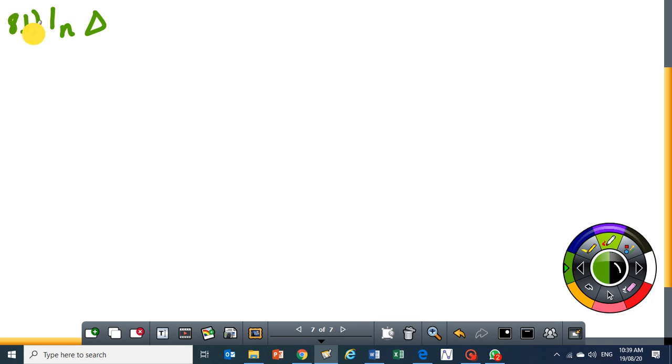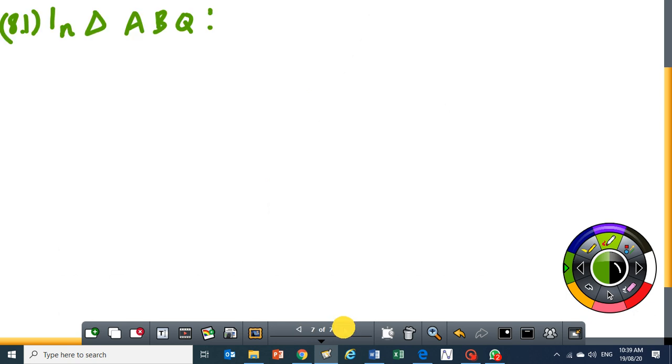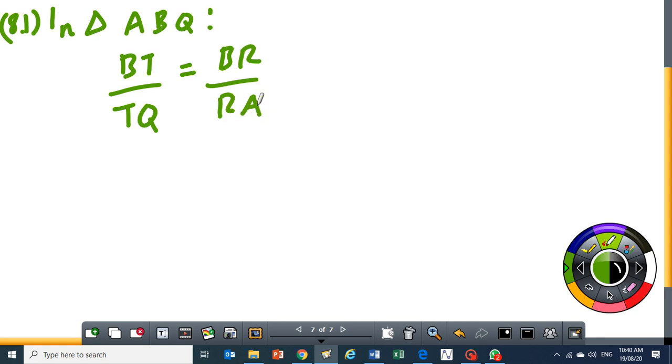So in triangle ABQ, we want to get BT. I'm going to say BT over TQ is going to be equal to BR over RA. And my reason for that is: line parallel to one side of triangle.